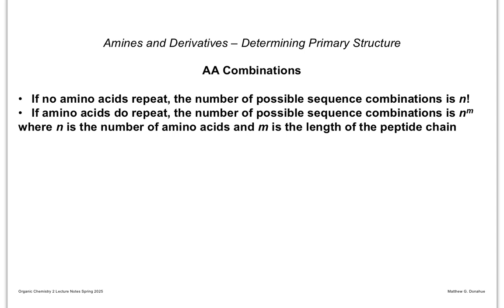In general, for an amino acid sequence, if no amino acids repeat, the number of possible sequence combinations is n factorial. If amino acids do repeat, the number of possible sequence combinations is n to the m, where n is your number of amino acids present, and m is the length of the peptide chain.